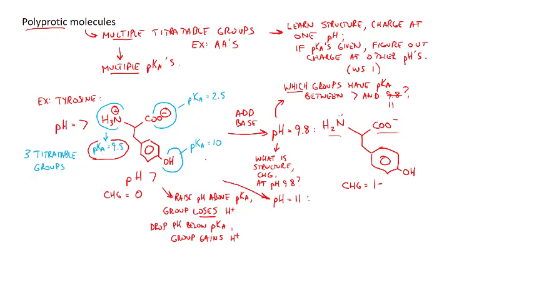We have the amine group that we already talked about, but also the OH group that we talked about previously. So at pH 11, our molecule would predominantly look like this. And now our charge is 2 minus.